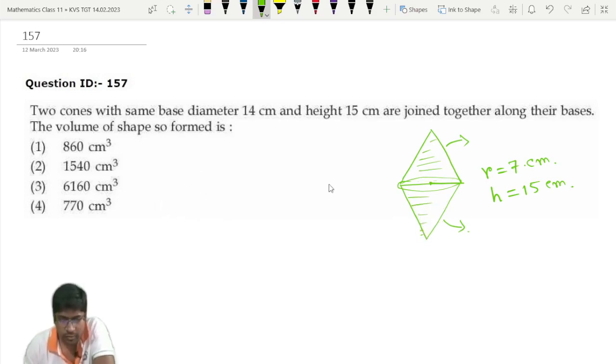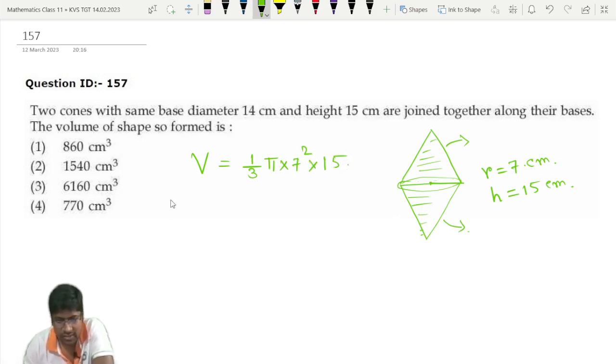So total volume means we will find the volume of a single cone and then we will multiply it by 2 to get the volume of the total cone. So what is the volume of a single cone? 1/3 pi r square h. So pi r square means 7 square into h means 15.